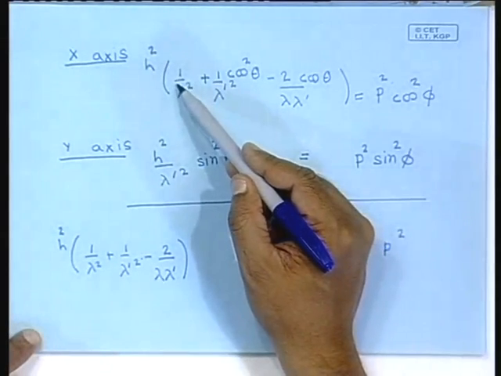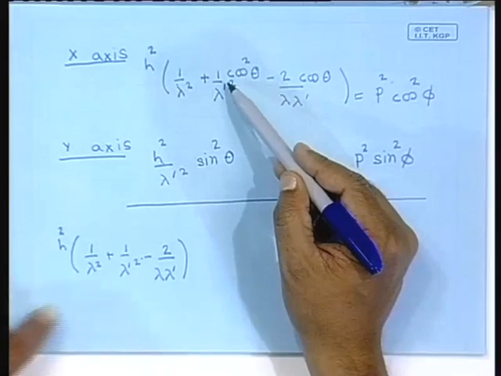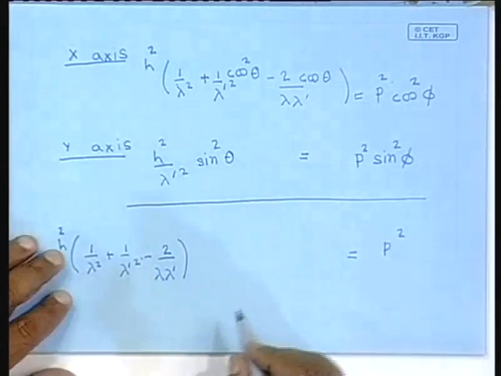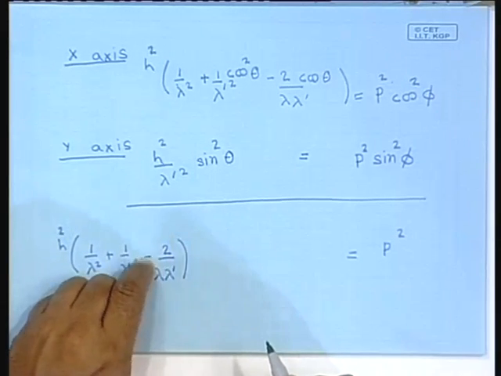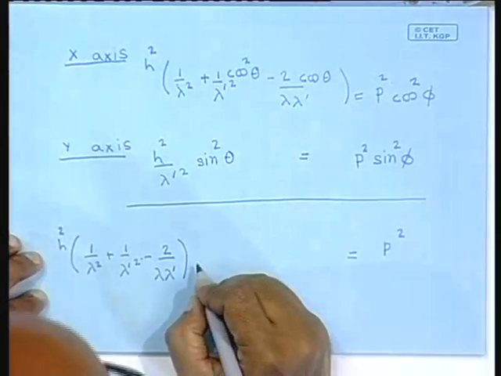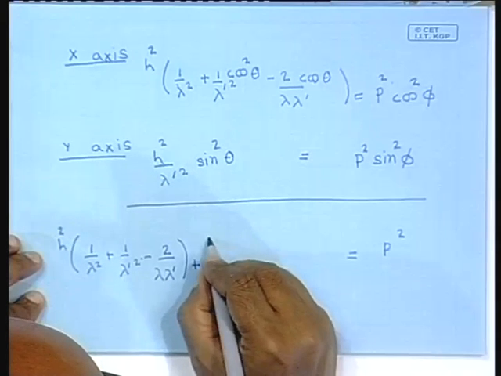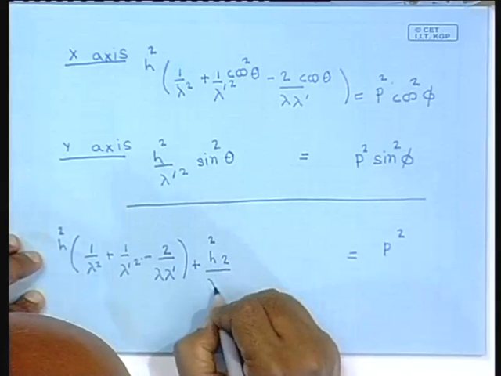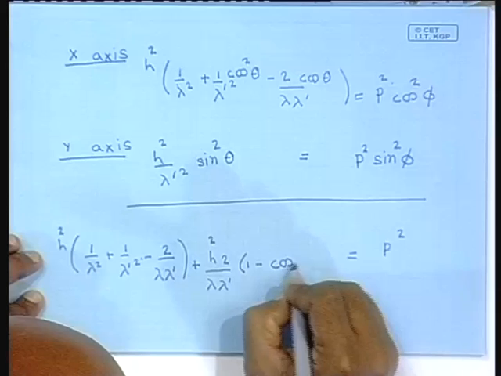So, I have written this term, the combination of this term and this term is what gives me this. I have added an extra term over here, I have subtracted an extra term. So, I have to add that, and I have to write this also. So, I can write it as plus h square 2 divided by lambda prime 1 minus cos theta.